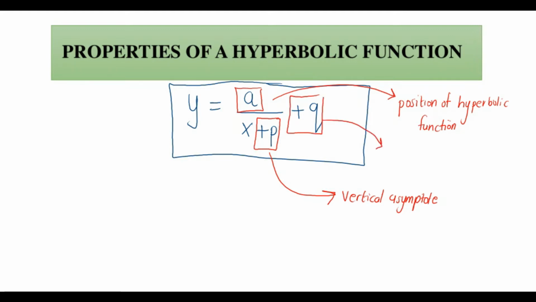The q gives us our horizontal asymptote. So remember, the a tells us about the position of a hyperbolic function on our Cartesian plane, the p gives us our vertical asymptote, and the value in the q position gives us our horizontal asymptote.